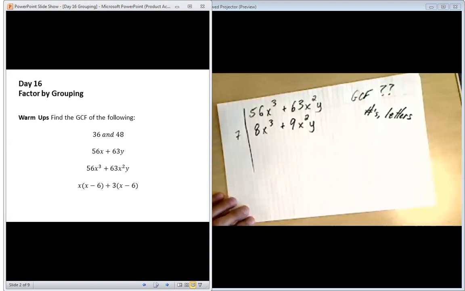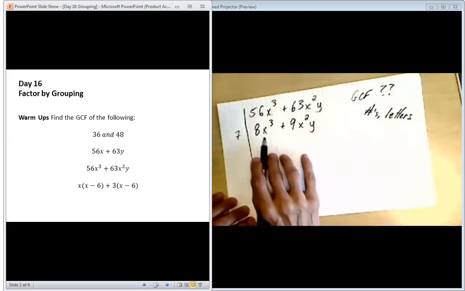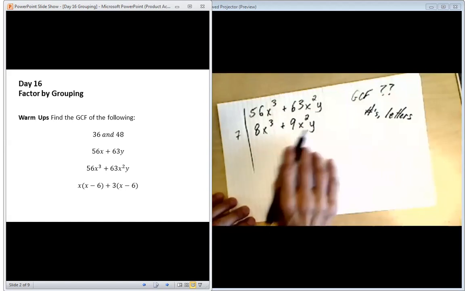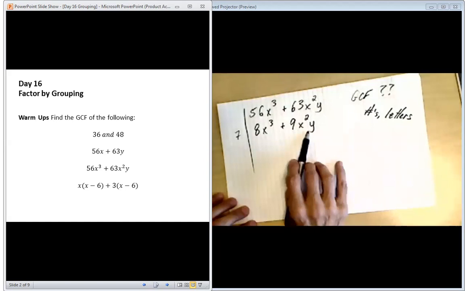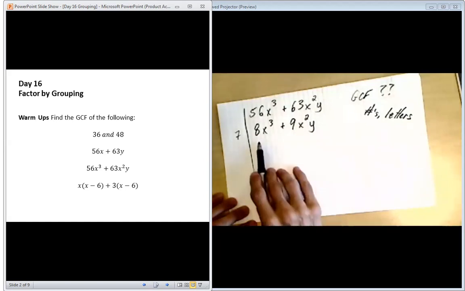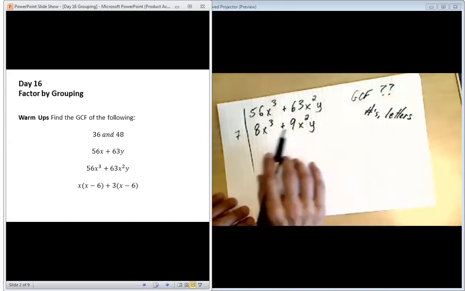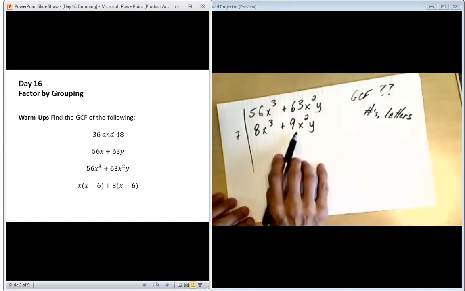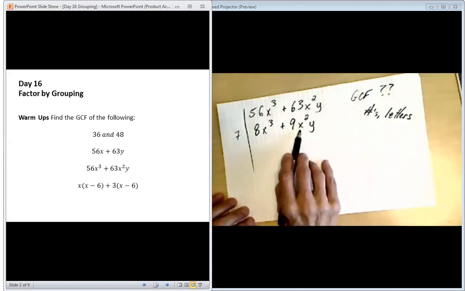Yeah, so what you do now is look at the x's and then look at the y's, right? Let's do the easy one first. There's a y there. Is there a y there? No, so there's no common factor for the y's. That's done. But there's an x there and an x there, right? How many x's can we take out of here? 2.